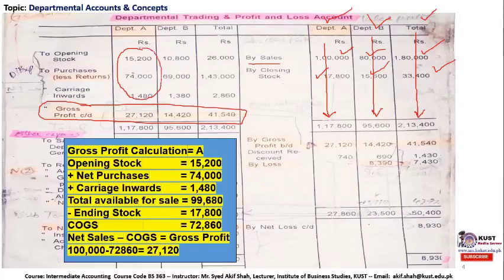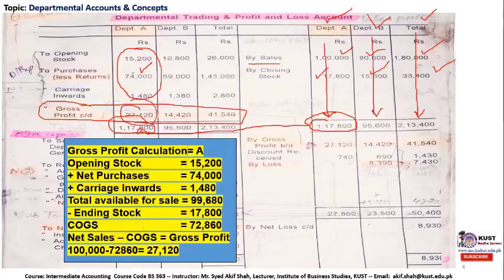If these three values are less than this accumulated value, then you can simply put the value in the total section, and subtract these three values from the accumulated resultant value, like 1,17,800 minus the accumulated value of all these three, which will give you the gross profit of 27,120.